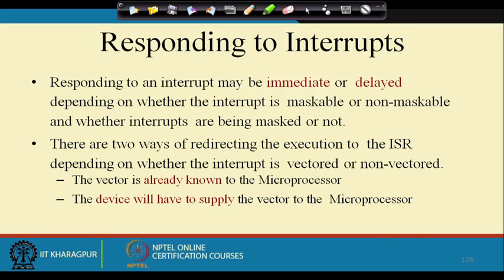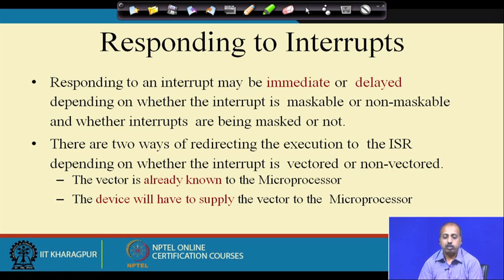The time at which you respond to the interrupt is determined by whether it may be immediate or delayed. Depending on whether the interrupt is maskable or non-maskable, this response time may vary. If the interrupt is not masked, it is expected that the response will be immediate.